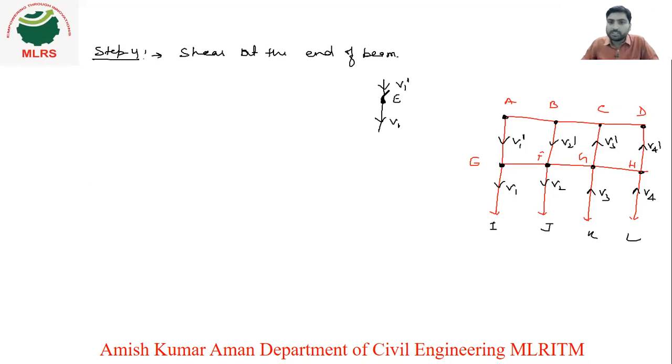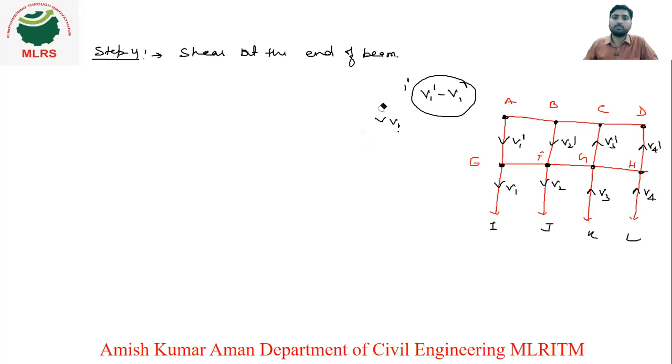Here, V1 dash is coming towards the joint and V1 is going away from the joint. So in this case, if you calculate the shear, it will be V1 dash minus V1, because V1 dash is coming towards the joint and V1 is going away from it. So this is the concept of how we calculate the shear, right?